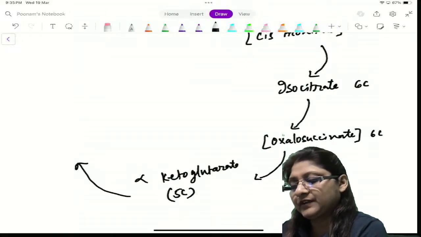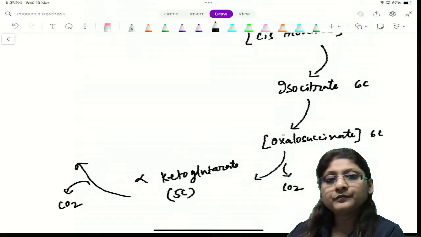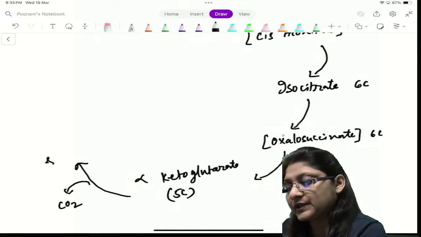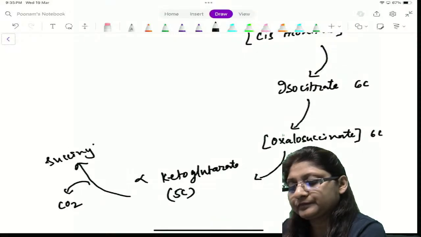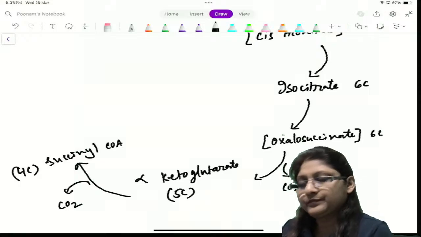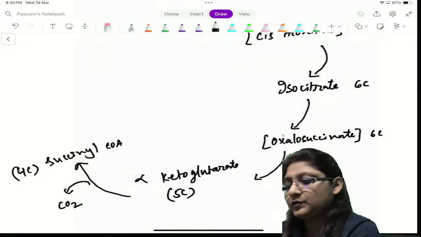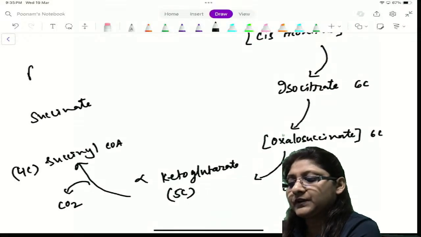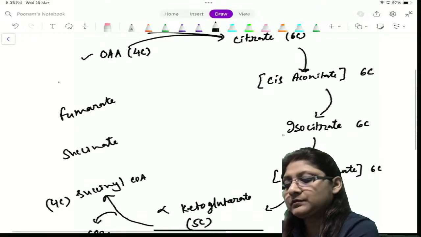This 5-carbon alpha-ketoglutarate again undergoes decarboxylation, producing succinyl-CoA, which is a 4-carbon compound. This succinyl-CoA is converted to succinate, which is converted to fumarate, malate, and this malate is again converted to oxaloacetate.